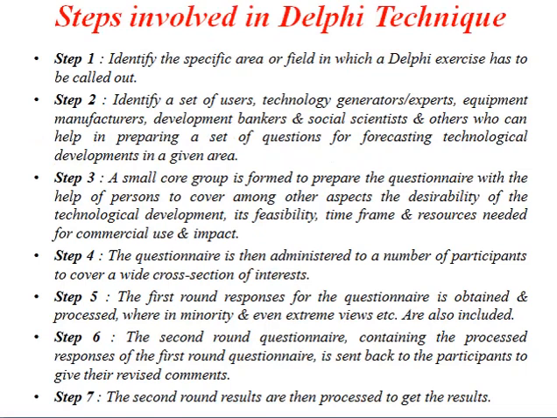And here also you need to proceed through certain steps. We have listed around 7 steps which are involved in the Delphi technique. Initially, starting from identifying the specific area or field in which a Delphi exercise has to be carried out.